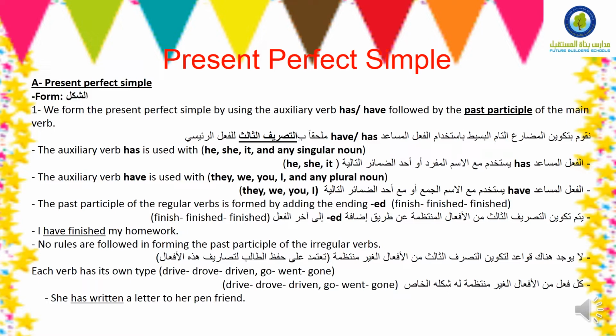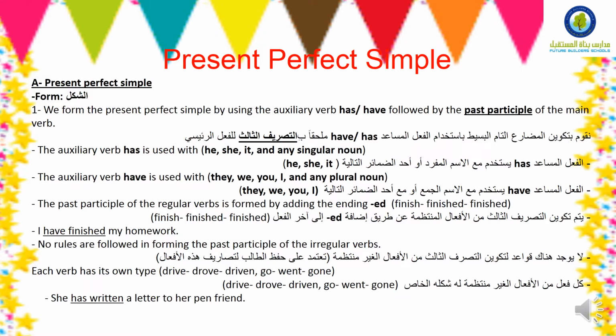When you mention perfect in English, always remember the verb to have, which is have, has, and had. Now, we are talking about the present period, so we are talking about have and has.